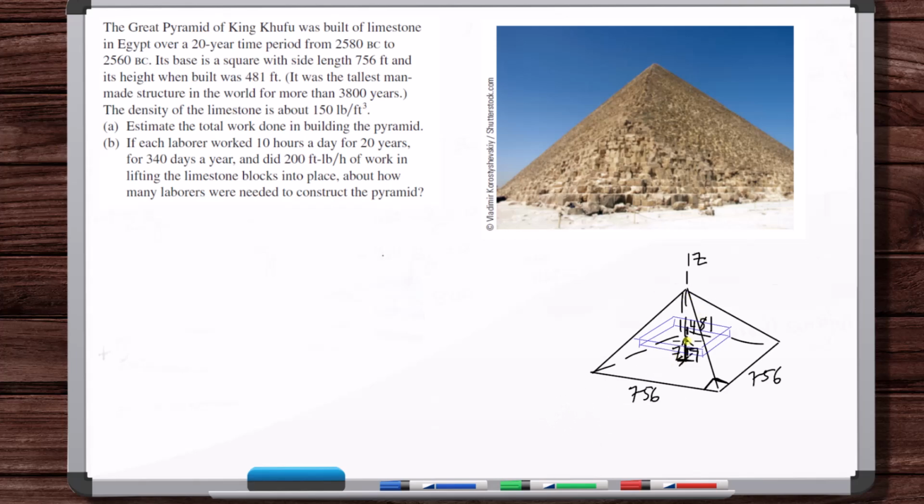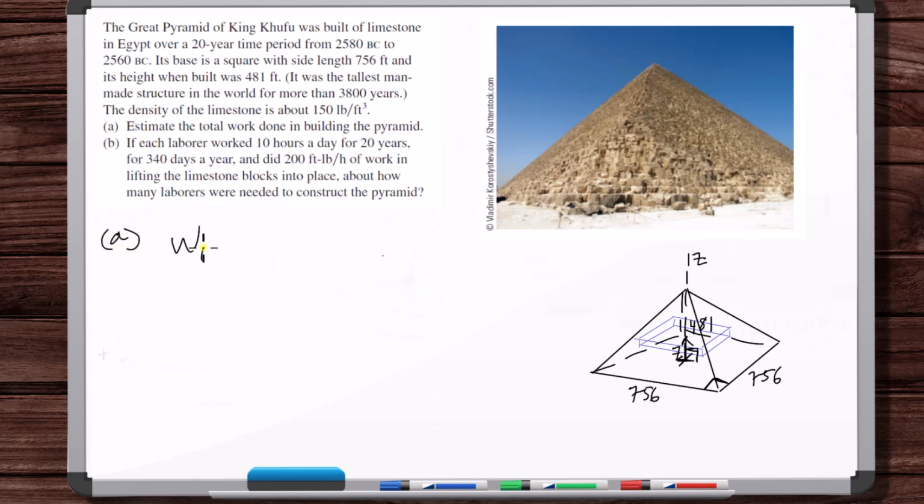So you take that weight times the z, and that's the work done. And if we go from z equal to 0 to 481, we can sum all of these pieces, right? You get the volume of limestone in each rectangular prism, and you sum up the work done in each of those pieces, and you get the total work done to lift all these stones against gravity to build the pyramid.